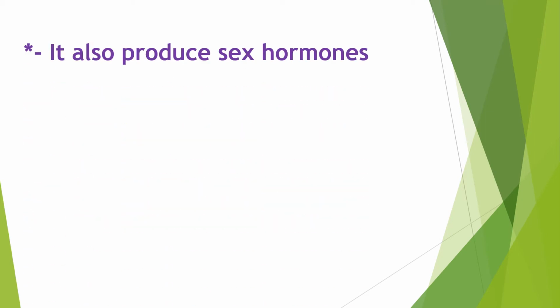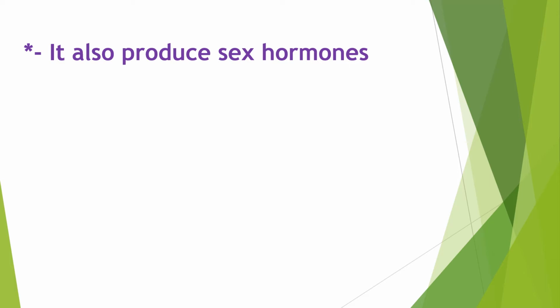The second function of the female reproductive system: producing sex hormones. As we said, the male reproductive system produces the hormone that is responsible for the male sex characteristics, and the hormone in the male reproductive system is called testosterone.